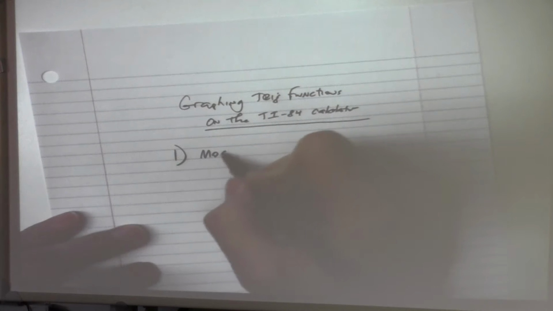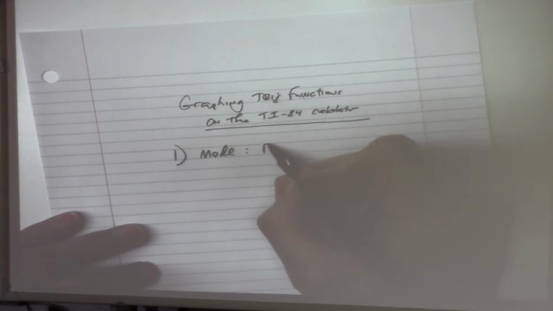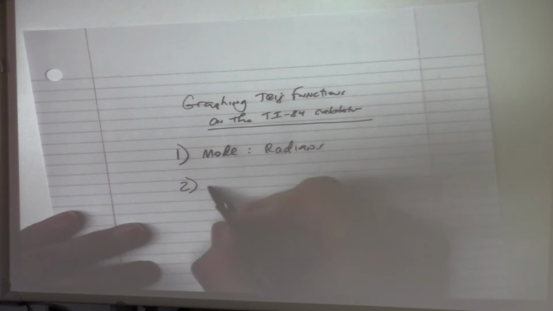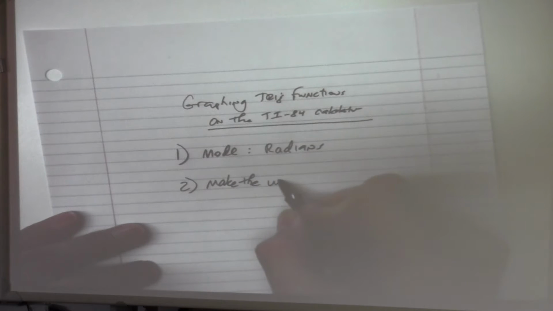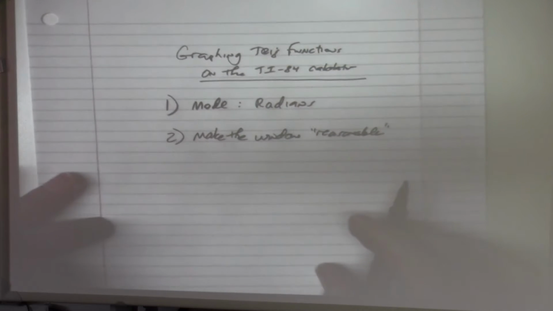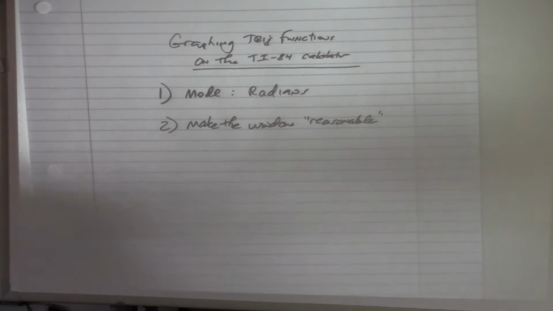So the things to remember: 1, you must change the mode to radians, and then 2, make the window reasonable. So let's do those two things.